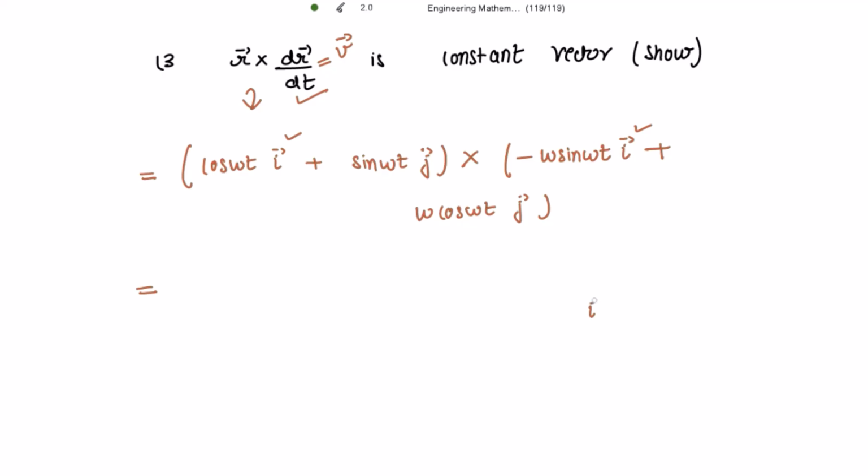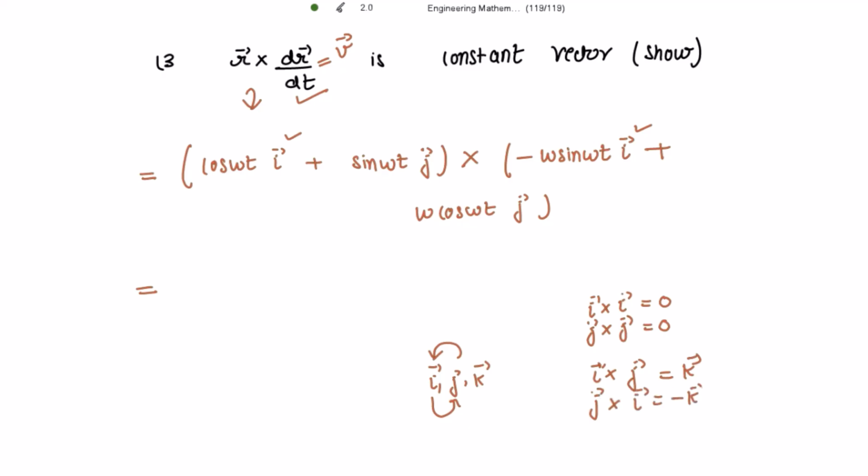The cross product of the same vectors is always equal to 0. Please note this. And the cross product of i vector with j vector, when taken in cyclic order, like if I have i, j, k, when taking the cross product of i with j, write k vector. But when taking in the reverse way, that is j cross i, you have to write minus k vector. Similarly for the other cases. So i cross i is 0.